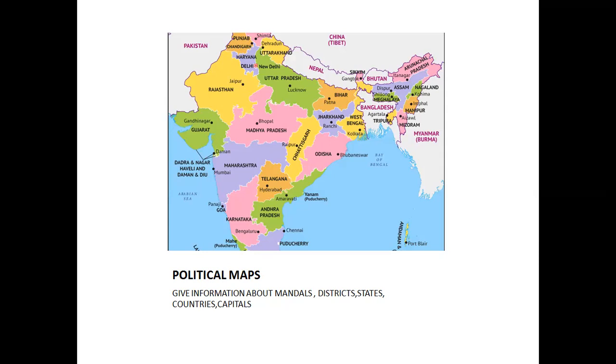And like that, Bangladesh, and also Meghalaya, Shillong, Assam, Dispur. These are the capitals and the districts. If you go through in detail, we can know about these maps. So this map gives a particular thing.